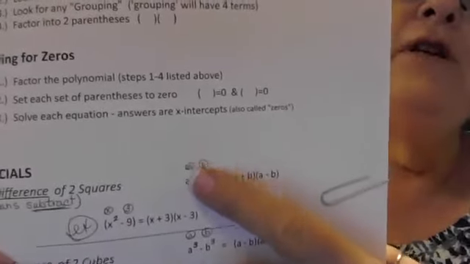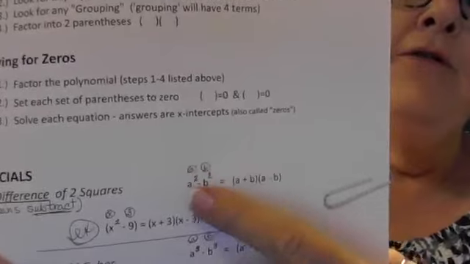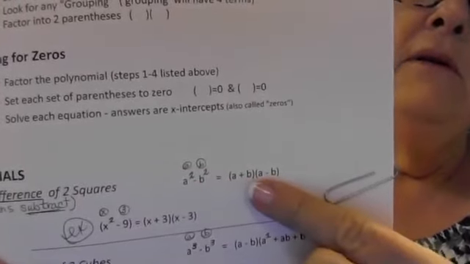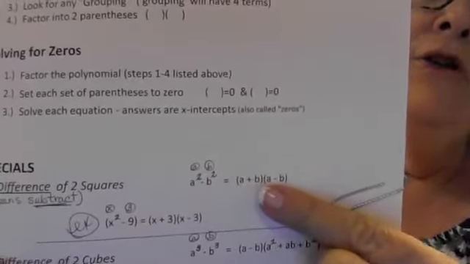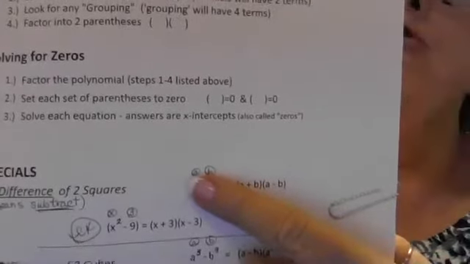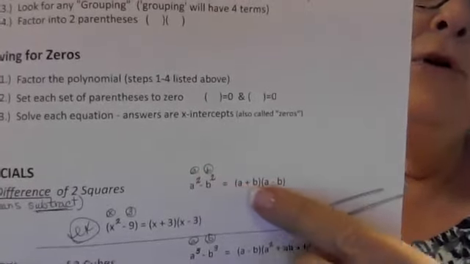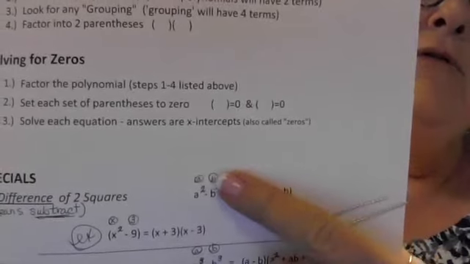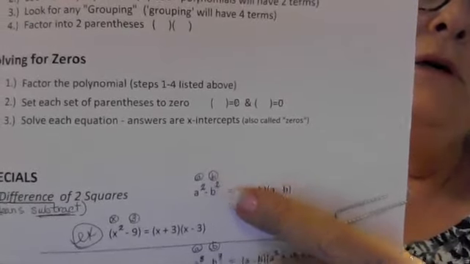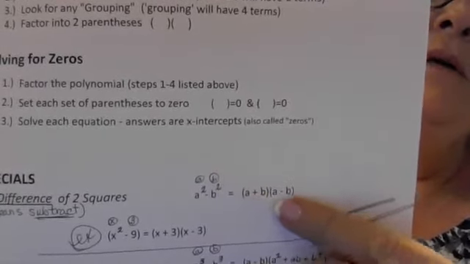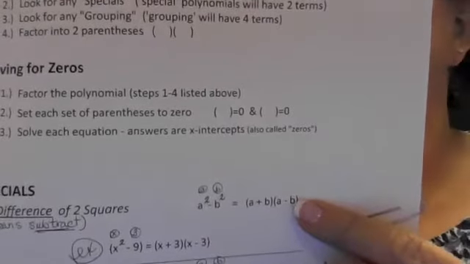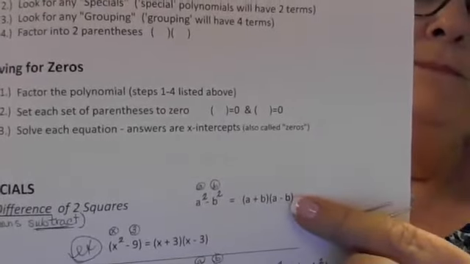If all of this is true, then this is how you factor it. You take whatever the first square root was and put it first, whatever the second square root is you put second, and you have a plus and a minus. It doesn't matter which is which.